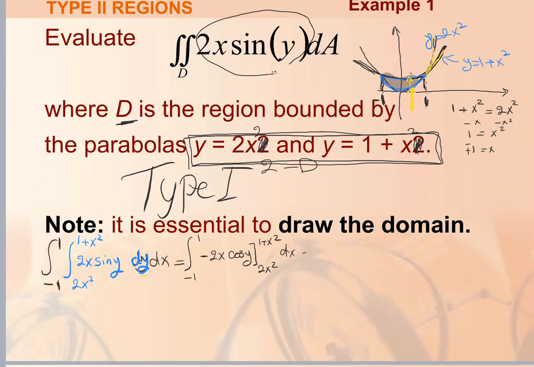So this is the same minus 2x. If I plug in the cosine y value, let me change the color, the y value this time is plugged in to be 1 plus x squared, and then subtract, minus is plus, and then I have 2x, then cosine, the y value this time is going to be 2x squared.